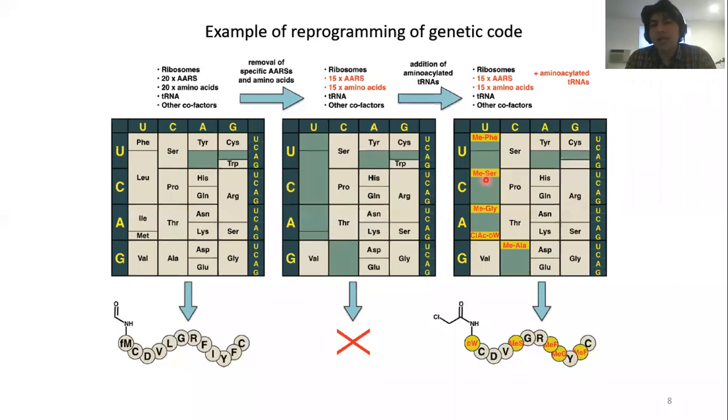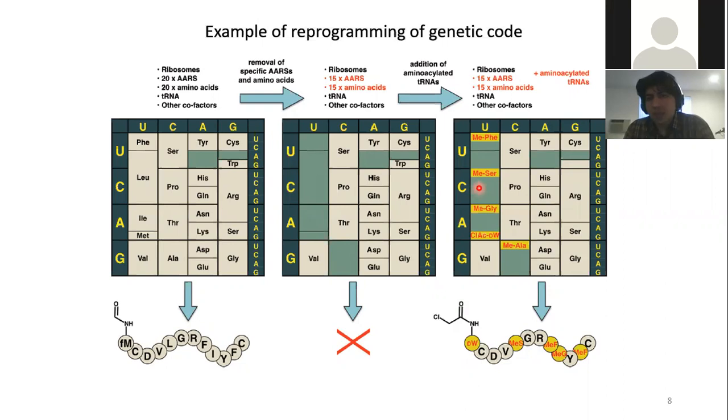So this N-methylated serine has a different function than just the normal serine. It makes the peptide more hydrophobic, which is good for drug development. Most of the drug molecules that you see have a very high hydrophobicity. So this particular methylserine provides additional hydrophobicity for the peptide.